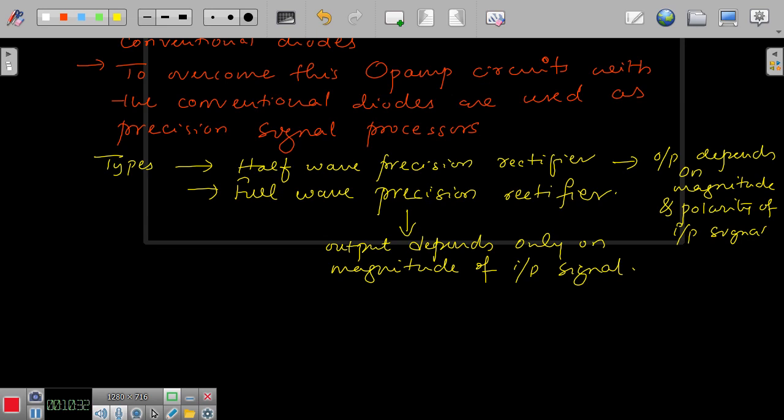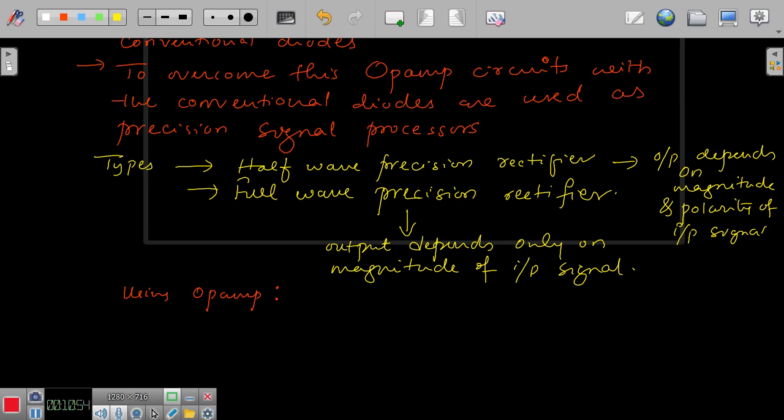And one more important advantage here, as long as you use the operational amplifier, apart from the signal processing, is the advantage of amplification also, right?